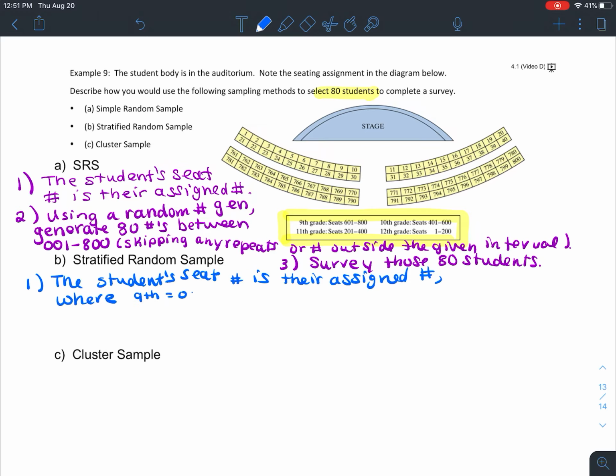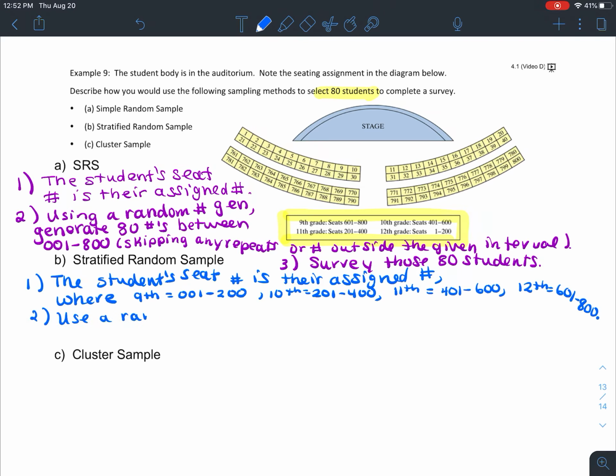So I'm going to say where the 9th grade is 001 to 200, 10th is 201 to 400, and this is what's in that box there. But this is me communicating with the grader so that they understand that this person totally understands what stratified random sampling is, that these people are already kind of organized into these groups.